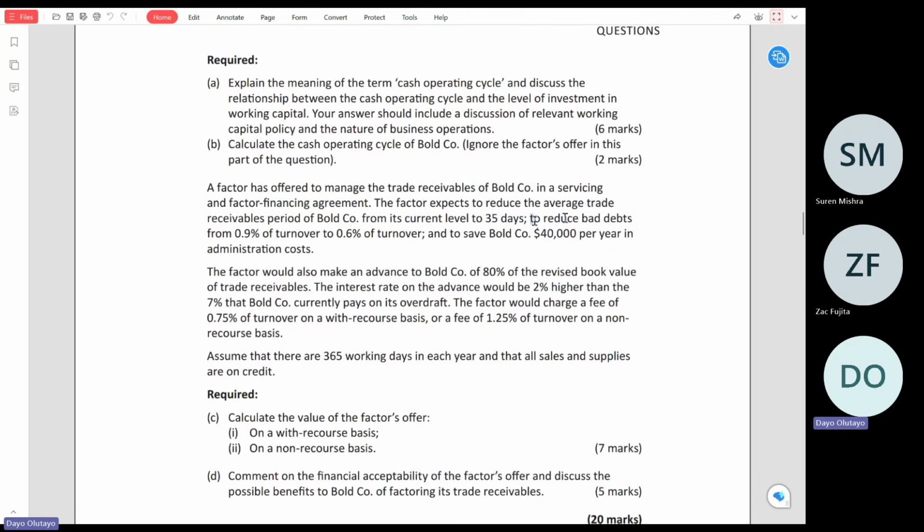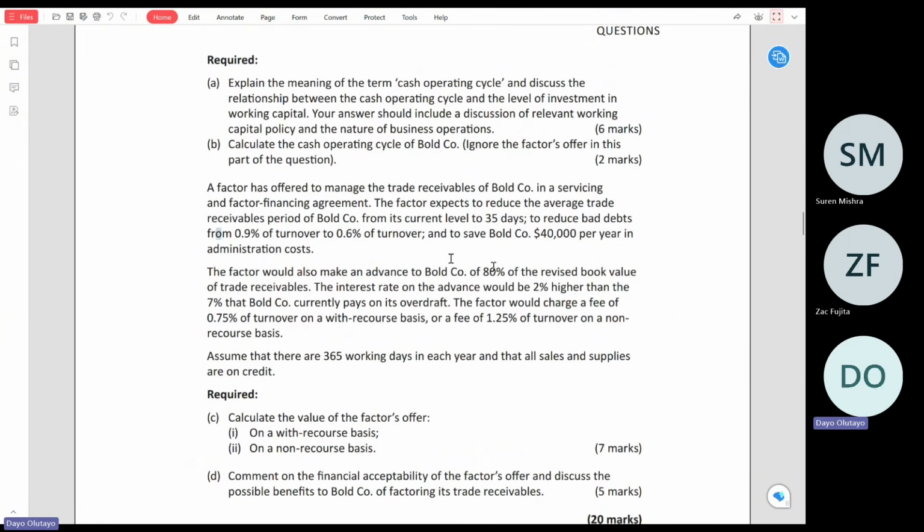And also, it will reduce the bad debt from 0.9% to 0.6% of turnover. And it will also save BODCO 40,000 per year in administration cost. So these are the benefits that the factor has promised us.